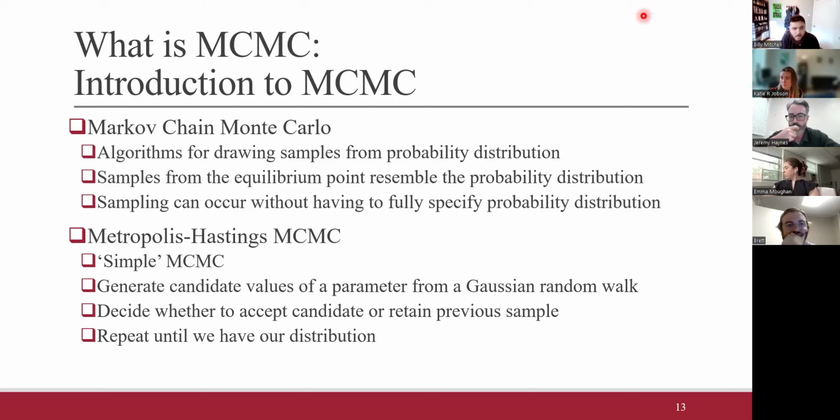Is the Markov chain part of the name those last two bullet points, like deciding whether to accept and then moving on and resampling? Do you know what part of this makes it Markov chain, I guess is what I'm asking? I do whenever I look this up, which is once every 6 months.